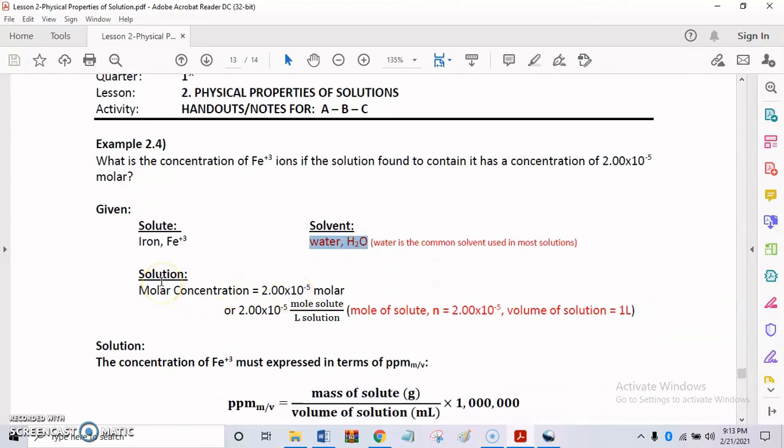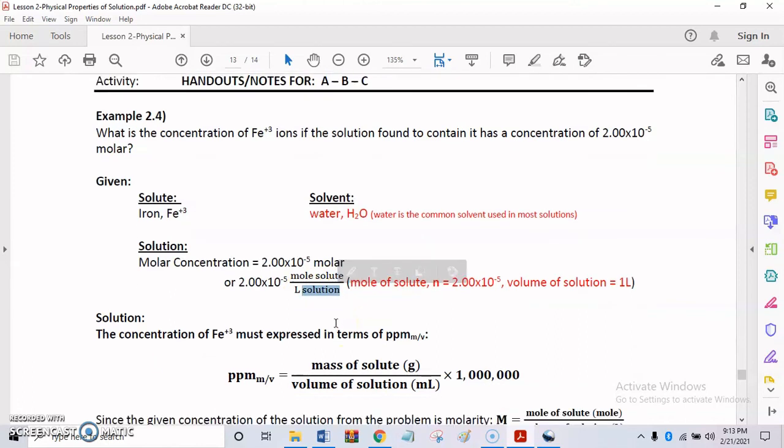So, the solution is the combination of iron and the water, which has a molar concentration given sa problem na 2 times 10 to the minus 5 molar, or 2.00 times 10 to the minus 5 mole solute per liter solution. Diba? Ayan yung ating molar unit is mole ng solute over liter solution.